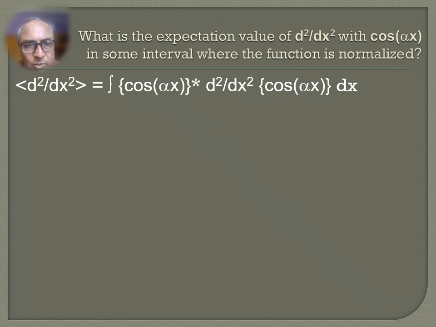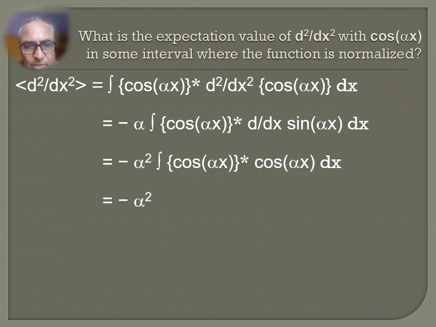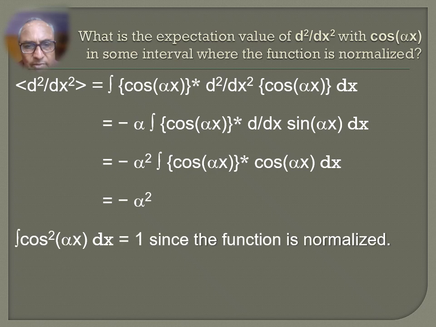The expectation value of d squared by dx squared is given by the integral of cos alpha x star d squared by dx squared of cos alpha x dx, which is equal to minus alpha times the integral of cos alpha x star d by dx of sin alpha x dx, which is equal to minus alpha squared times the integral of cos alpha x star cos alpha x dx, which is equal to minus alpha squared, since the integral of cos alpha x star cos alpha x dx is equal to 1, since we have assumed that the function is normalized.